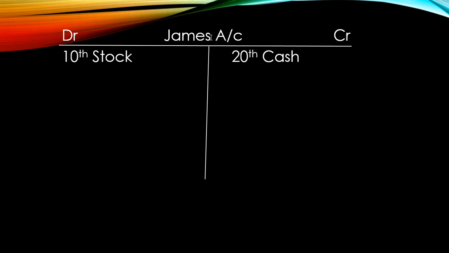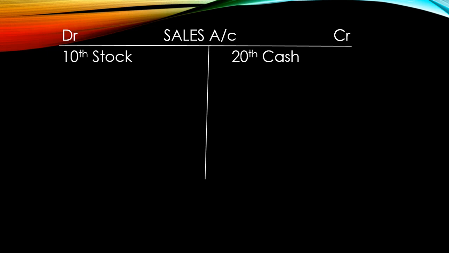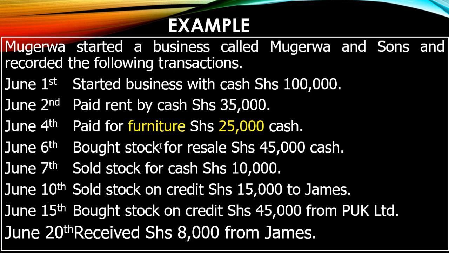Let us follow this sale in the accounts. Sales. So the transaction is happening on the 7th, sold stock 10,000. So we are crediting sales and debiting cash.